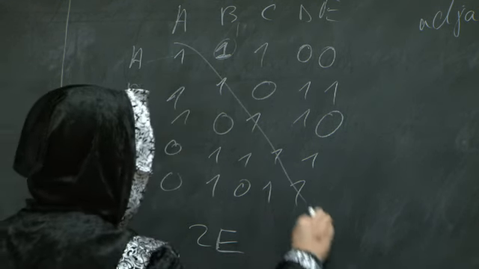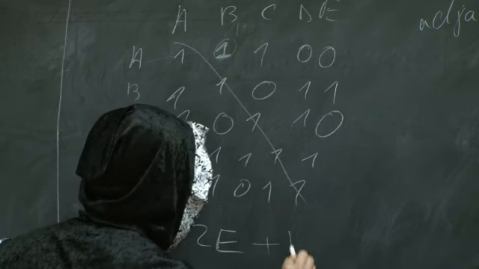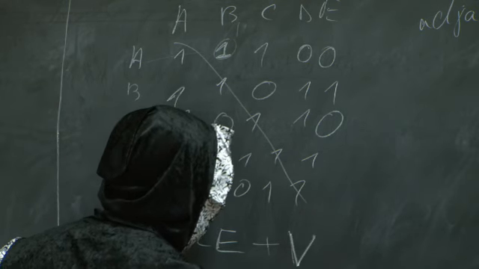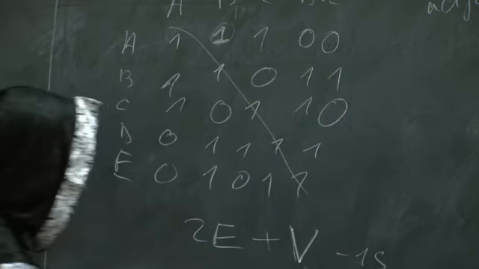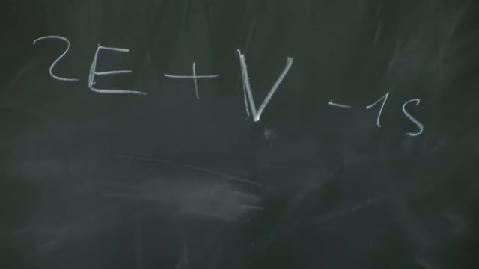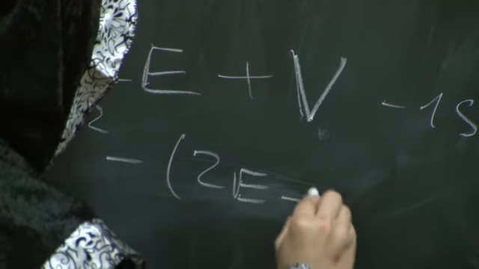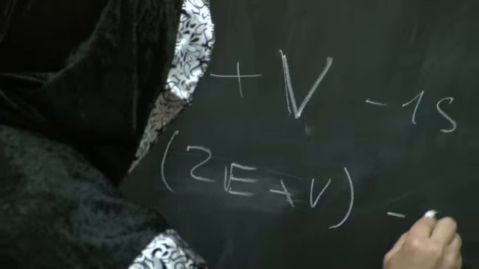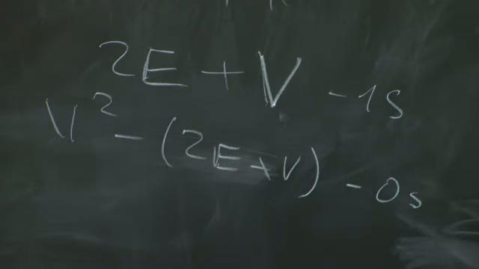Oh, plus V. So this is how many ones I have. How many zeros do I have? V squared minus 2E minus V. So this is a non-boring way of asking how many elements I have in this matrix.